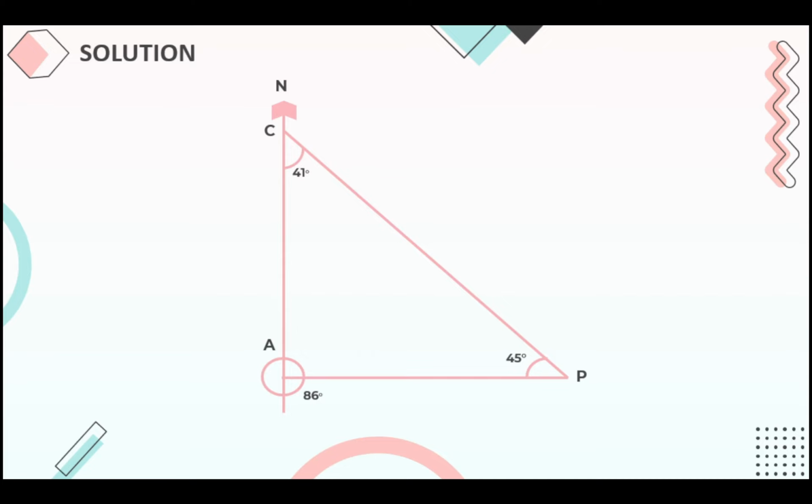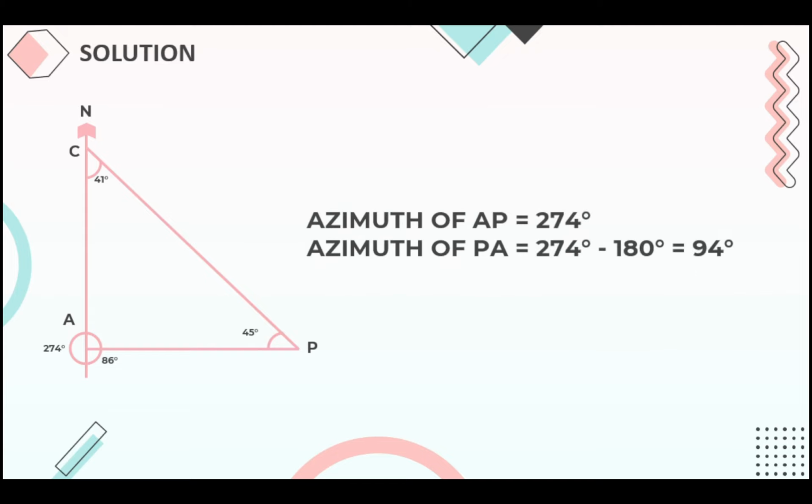Recall that one of the geometric conditions to be fulfilled in a triangulation system is that the sum of all the angles measured in a station should be 360 degrees. Therefore, since we already have 86 degrees, the azimuth of AP is 274 degrees. Now, since we have the azimuth of AP, we can calculate the azimuth of PA, where 274 degrees is subtracted by 180 degrees. Therefore, the answer is 94 degrees.